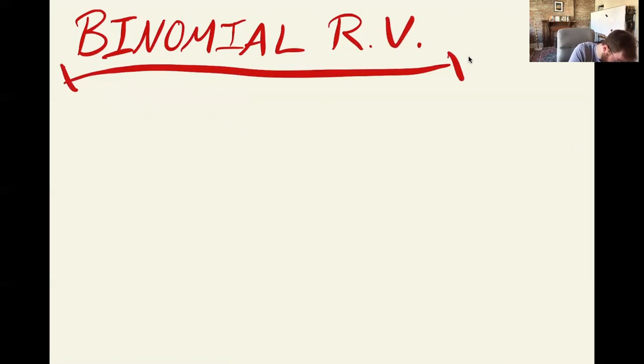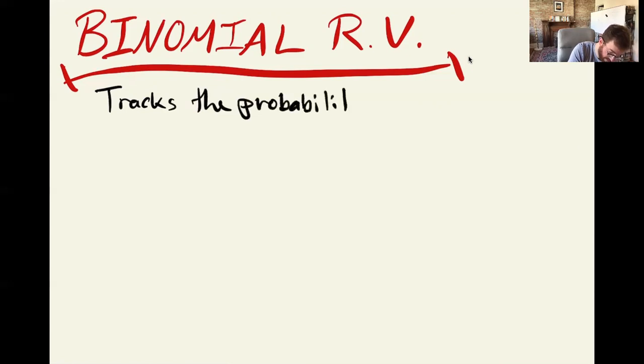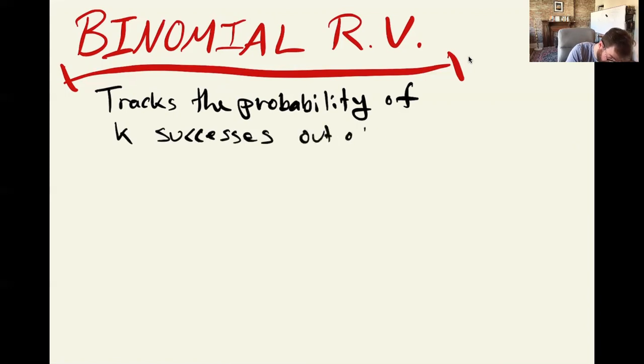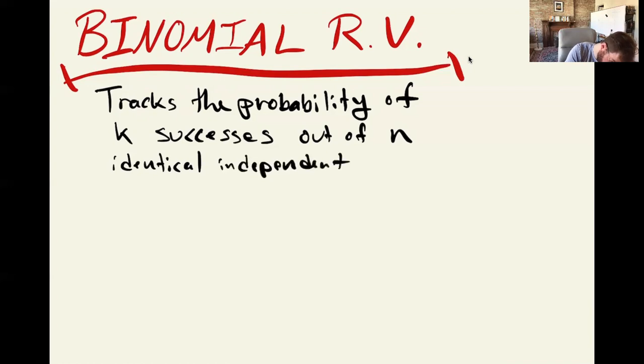This tracks the probability of k successes out of n identical, independent tries.